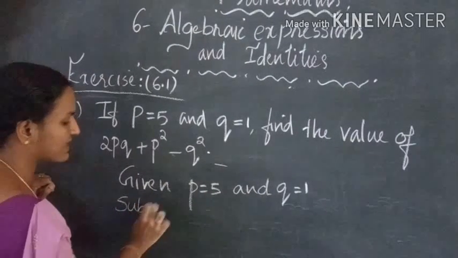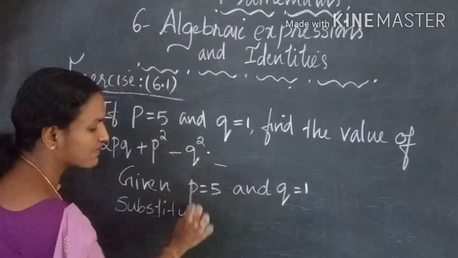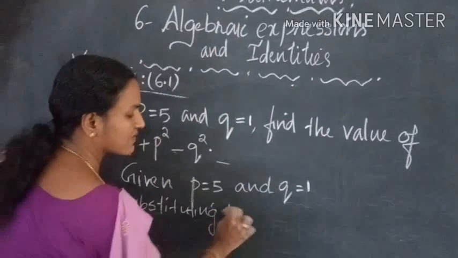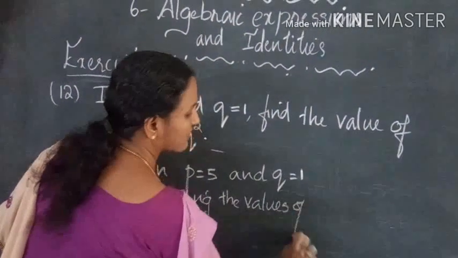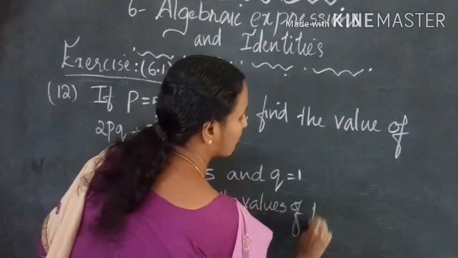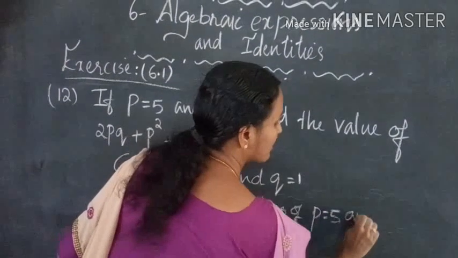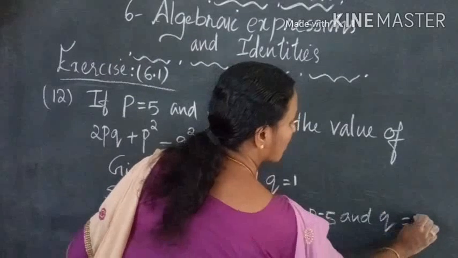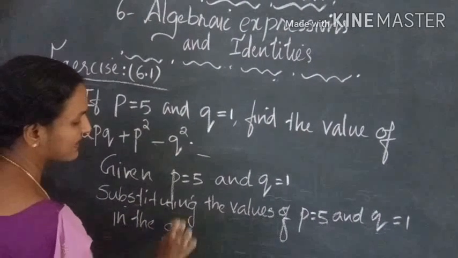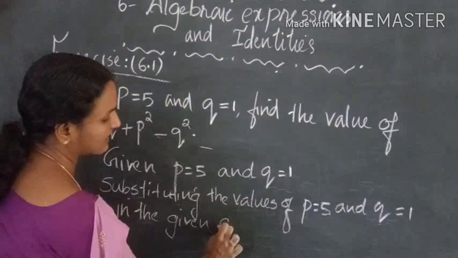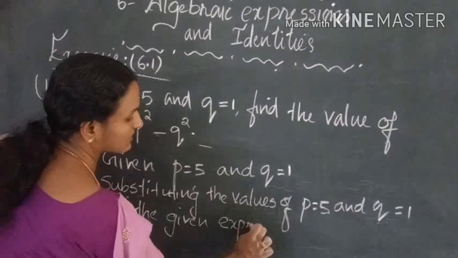Substituting the values of p is equal to 5 and q is equal to 1 in the given algebraic expression.